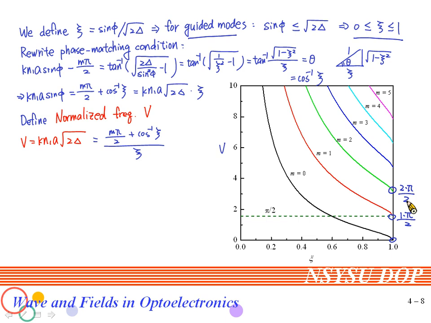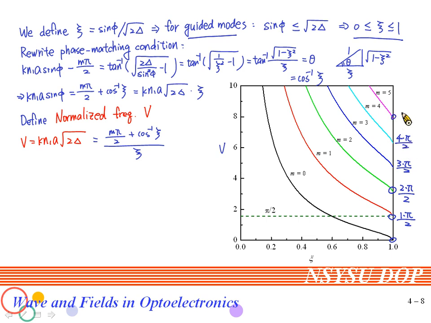As a result, for m3 mode, it will appear as the normalized frequency is 3 times pi divided by 2. For m4 mode, it will appear as the normalized frequency is 4 times pi over 2.